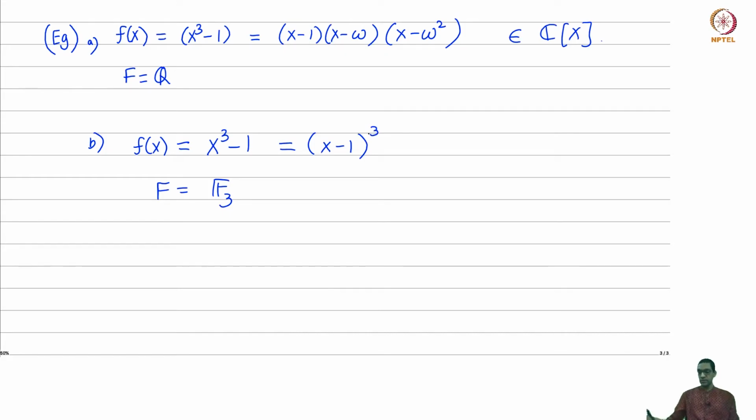So this is the expansion over F3, and of course this is not separable because the root 1 is repeated thrice. Great. So here are some examples and non-examples, and what will be important for us is again a fact that was proved during the earlier lecture on repeated roots.